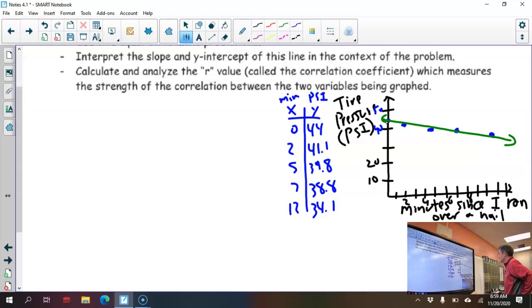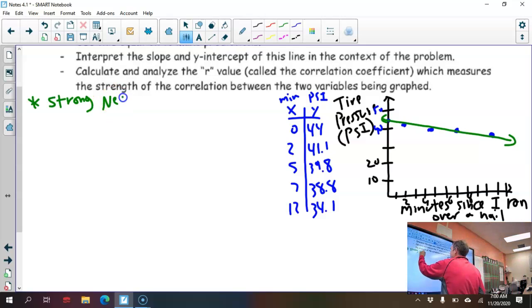Okay, so here's what we're going to do. The first thing, we're going to describe the graph using our 4 words. I don't know what you guys think, but I think that is a pretty strong relationship because there is not much scatter away from the line. I'd say it's definitely negative because it's going down, right?